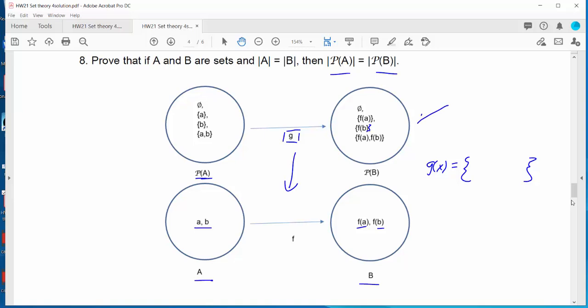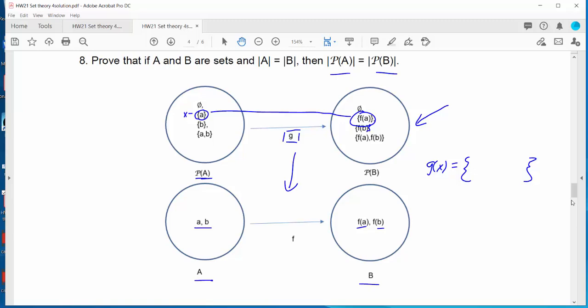Obviously, it creates the power set of B. So if the bijection we're considering is mapping the null set to the null set, the set that contains A to the set that contains f of A, etc., then we notice that, say, G of the set that contains A is the set that contains f of A.